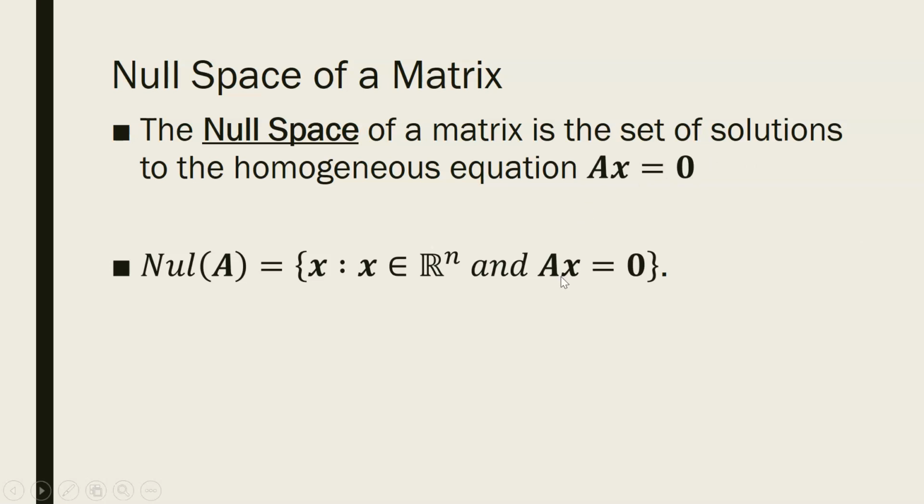So it's the set of all vectors that, when you multiply them by A, you get out 0. And we denote that by Nul A. Again, this should be a refresher for what we've done previously.